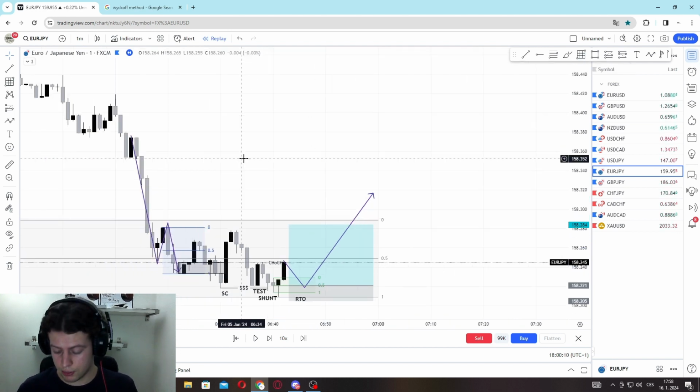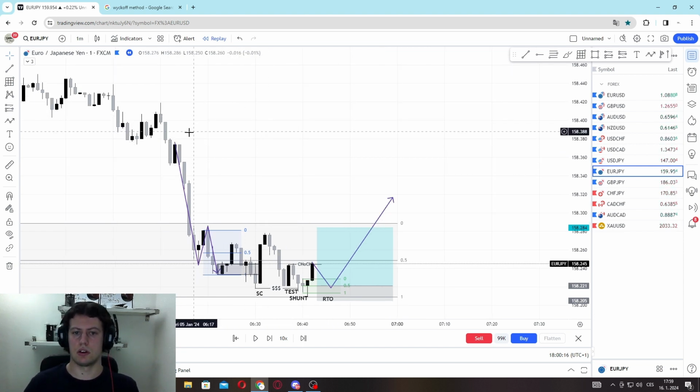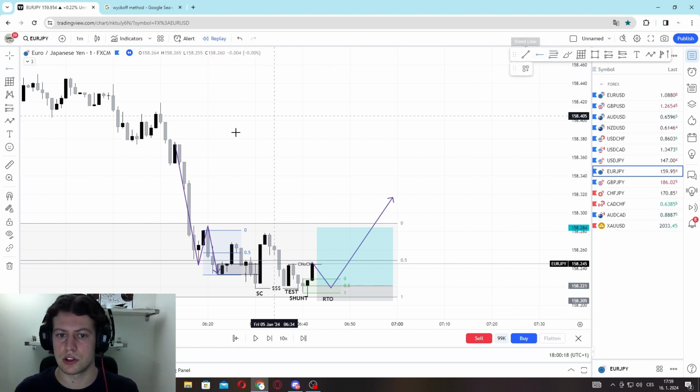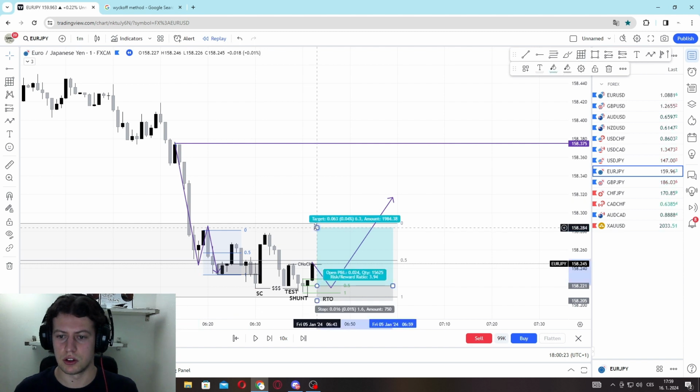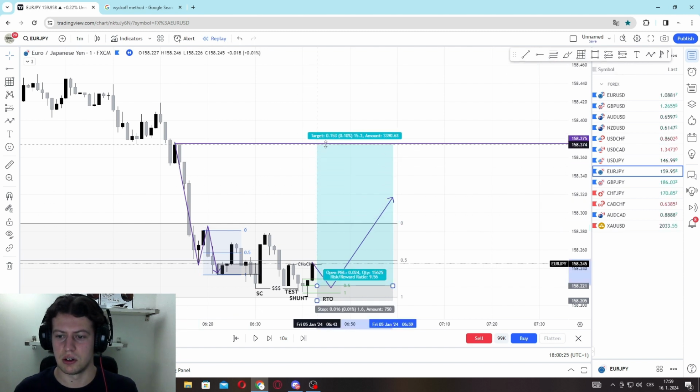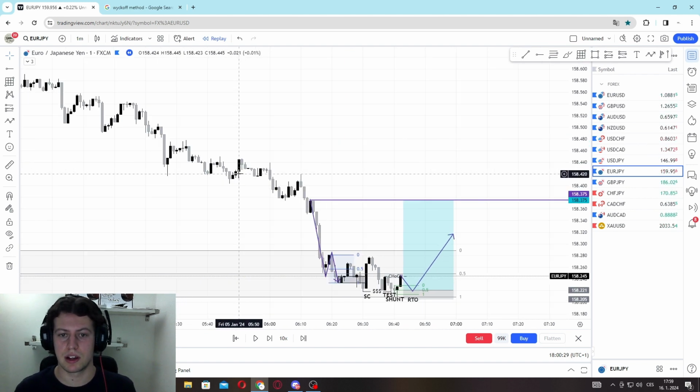As for the take profit, we go, and what I told you, you can set some targets. So the first one would be here, because it's like one of the higher order blocks, or like some pullbacks.